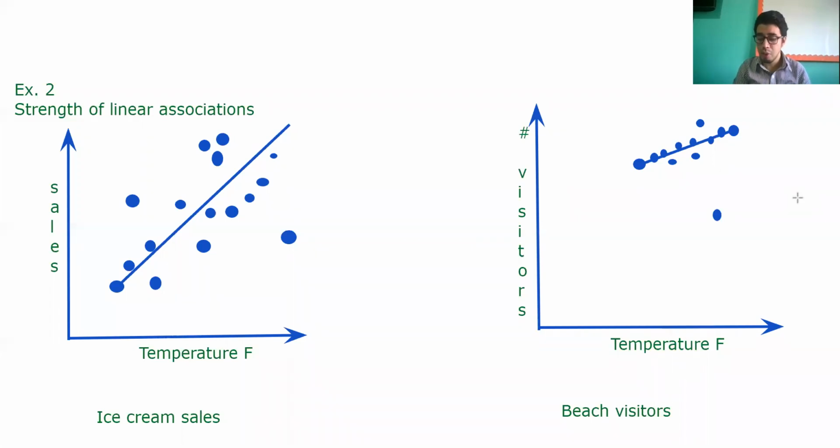Okay, in example 3, we only need to recognize the linear association and non-linear association. Does the scatter plot show a linear or non-linear association? The points in the scatter plot form a curve, so that plot shows a non-linear association between the data. What we have in number 3?